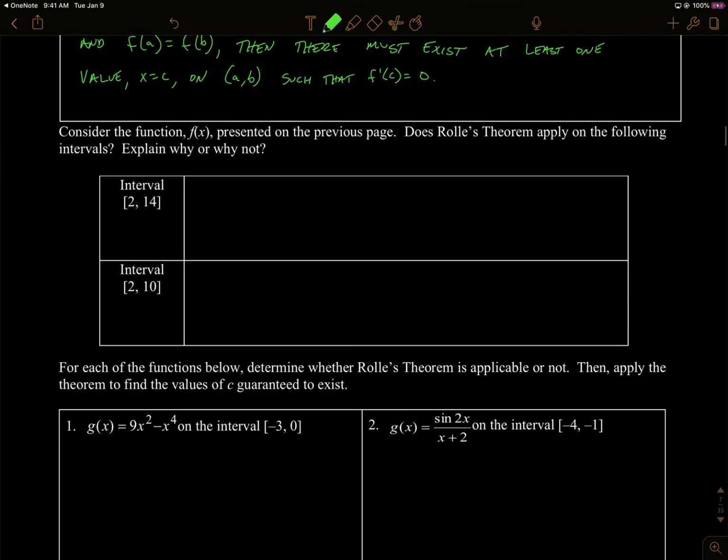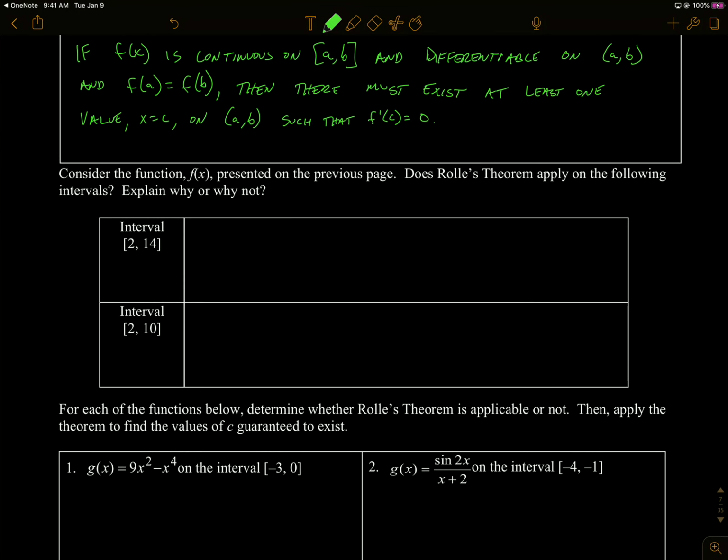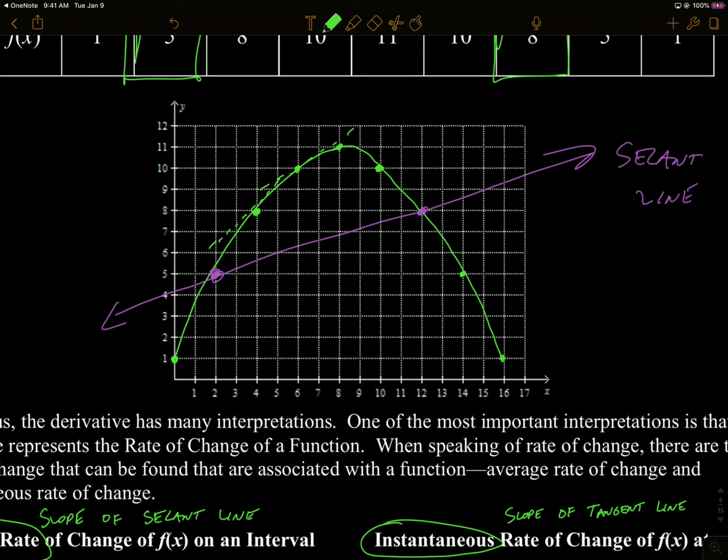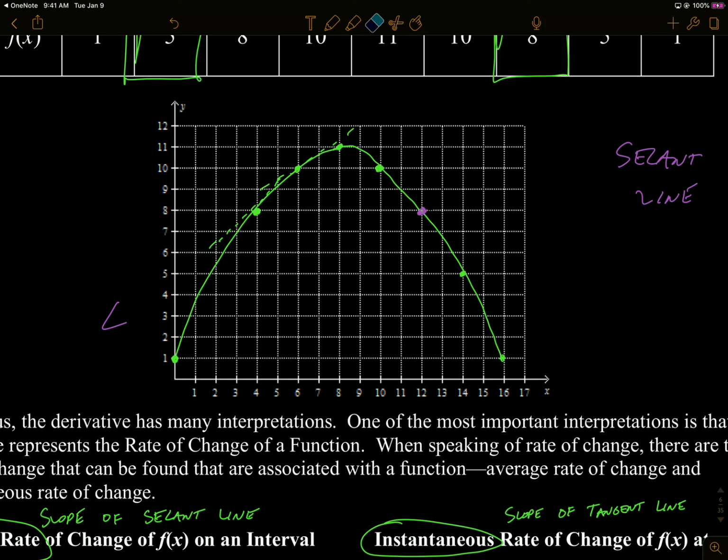So let's consider the function from the previous page. Does Rolle's theorem apply to the following intervals? Explain why or why not. So first on the interval from 2 to 14. Let me erase what I have on there already.